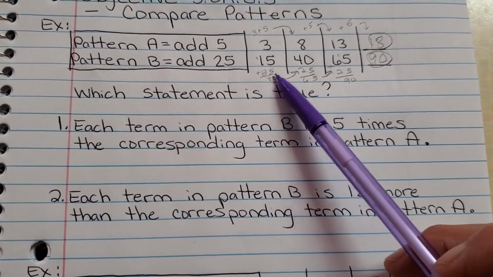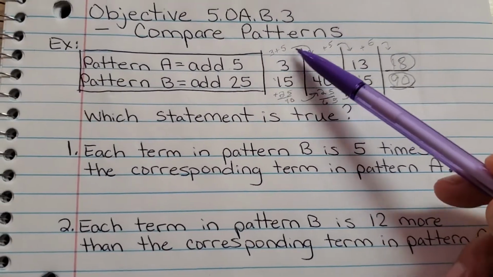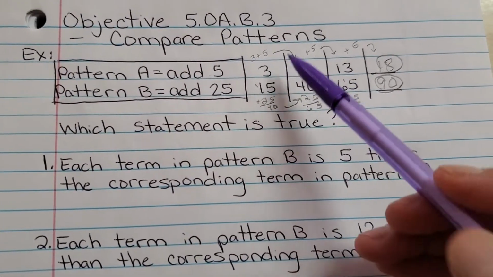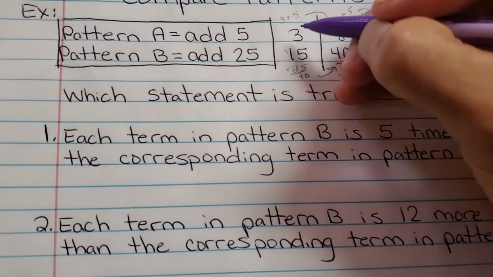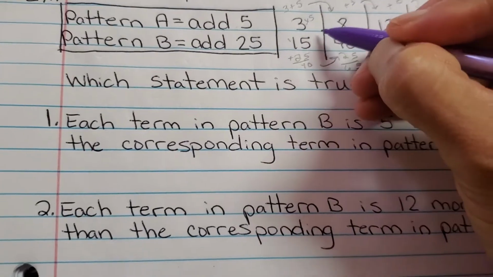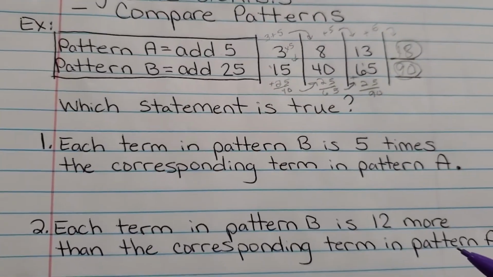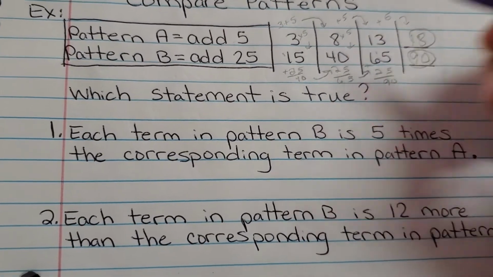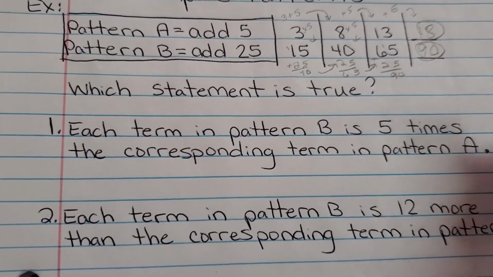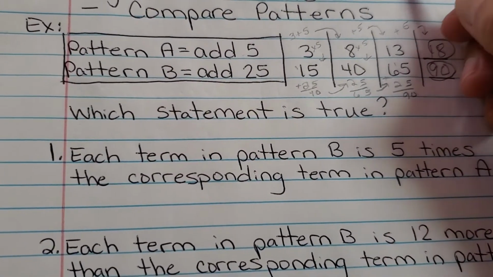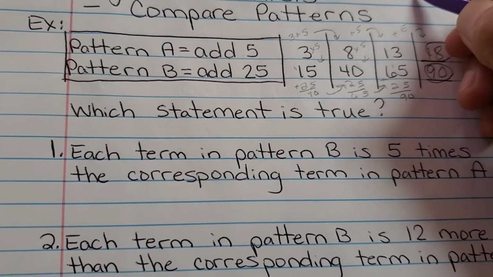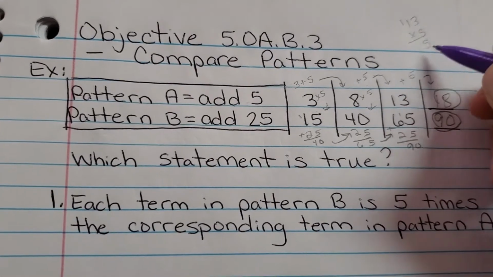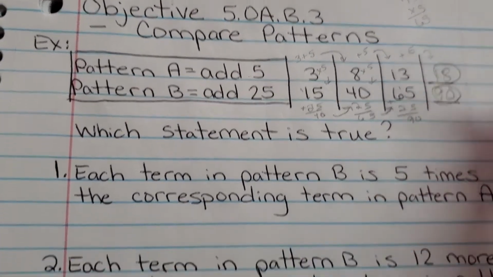So let's see if that's true. 3 times 5 is 15. So far that's true. 8 times 5 is 40. That is true. 13, I'm going to write it up here, times 5. 15, carry the 1, is 65.